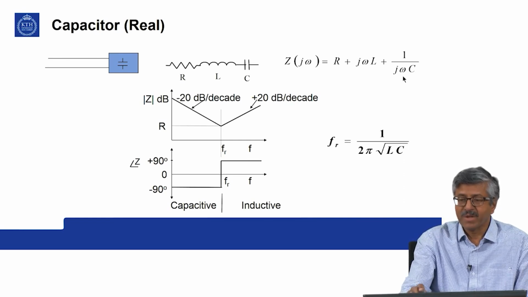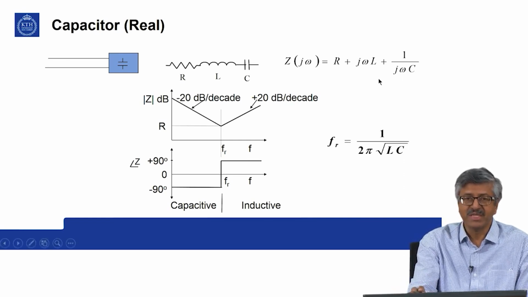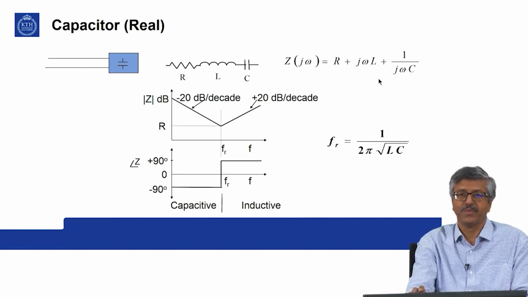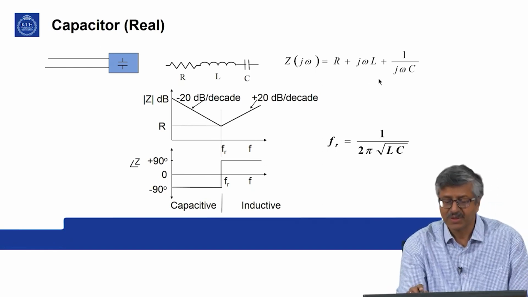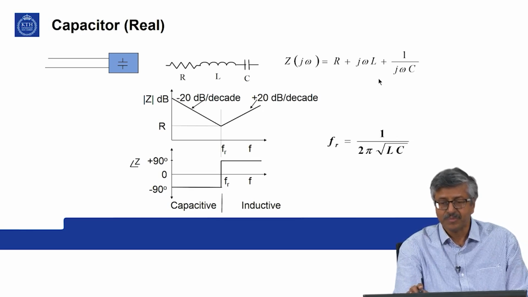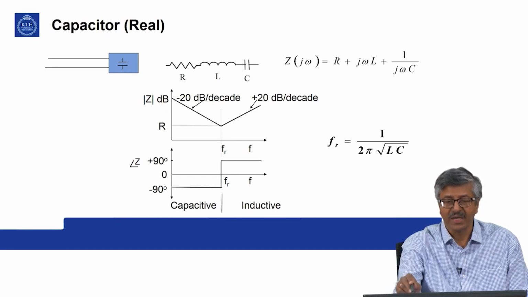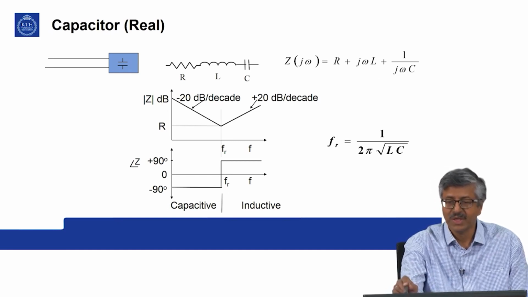So, let us take this impedance. You increase the frequency from 0 hertz, and then it is only R, because j omega L is 0.